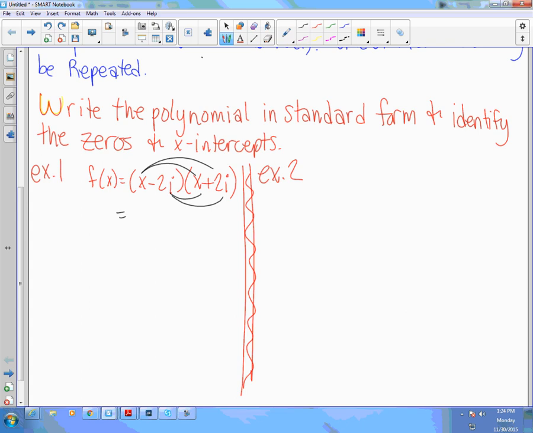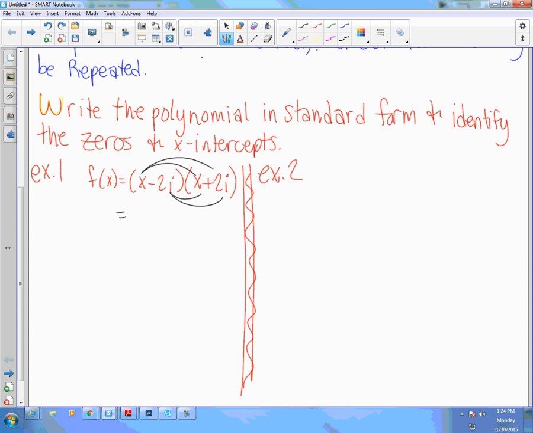And then my like parts, right? So just squish them together. And then write your answer in standard form, so it's decreasing in power, highest exponent first, down to lowest exponent.